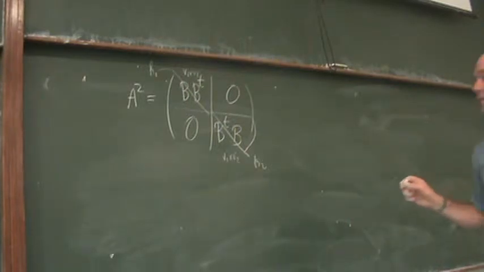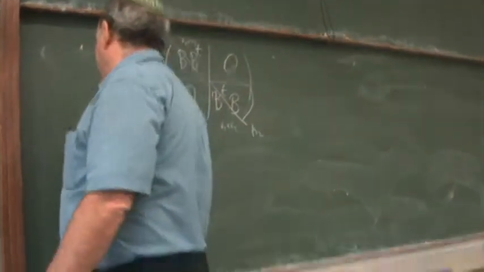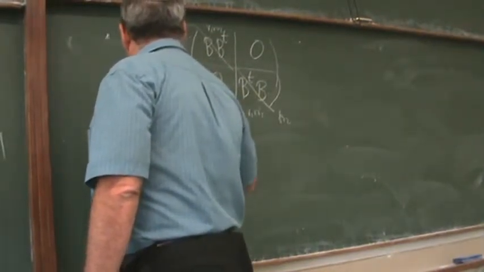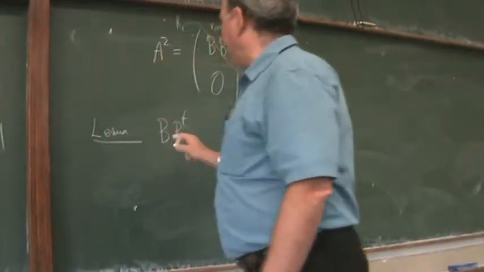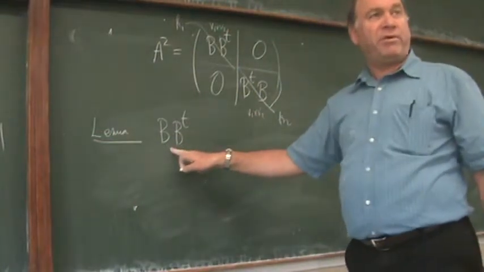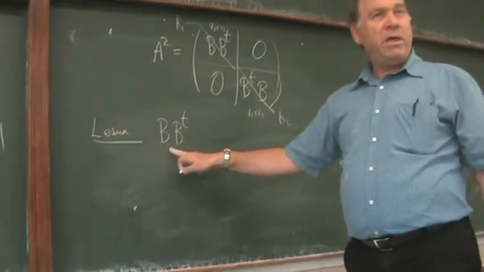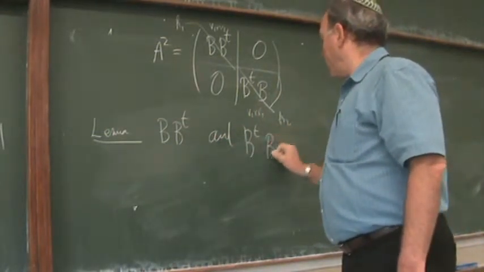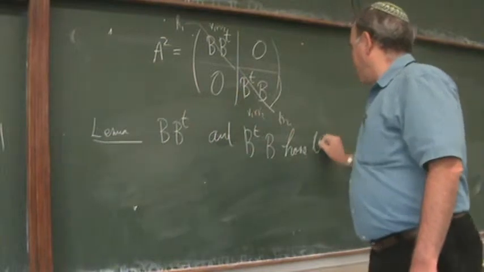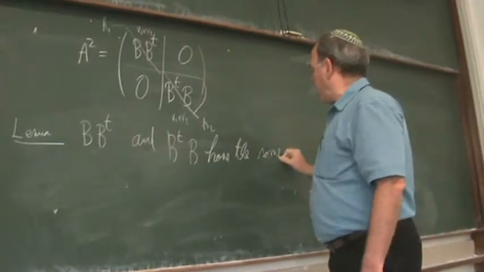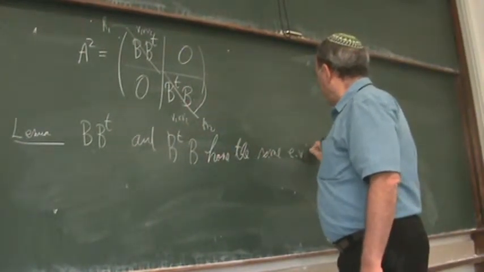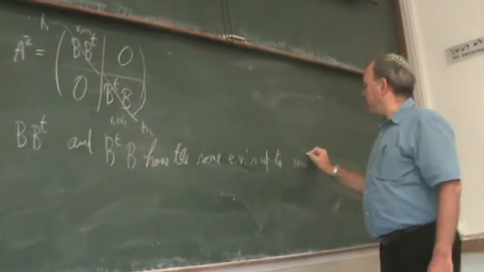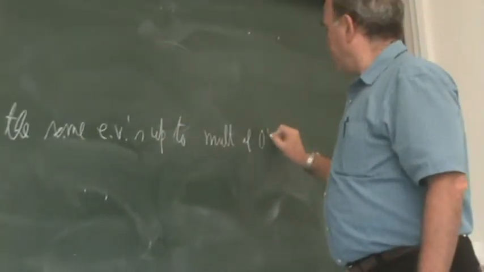By the way, here is another remark. Here is a trivial linear algebra lemma. Lemma: if you take a matrix, not necessarily a square matrix, then BB^T and B^TB have the same eigenvalues up to multiplicities of zeros.